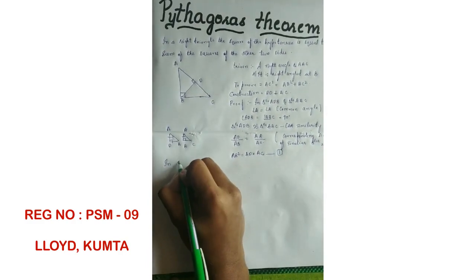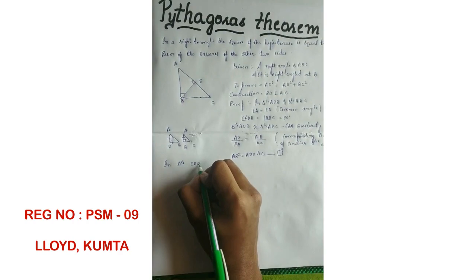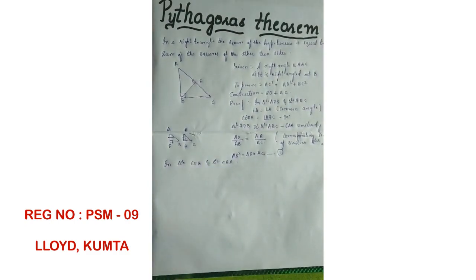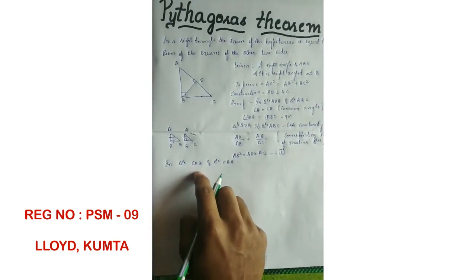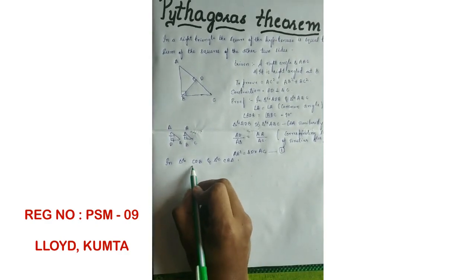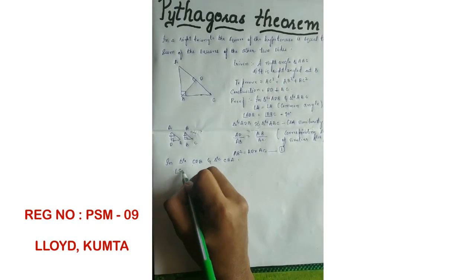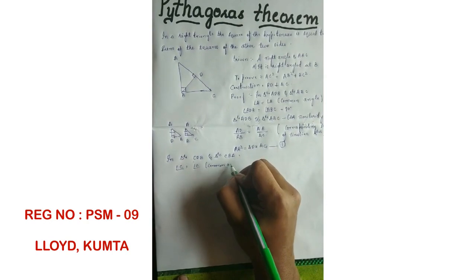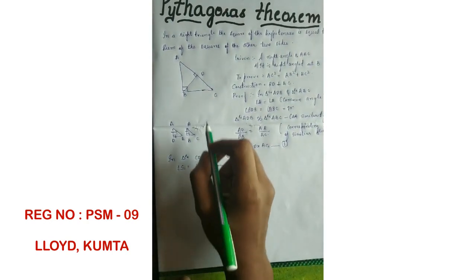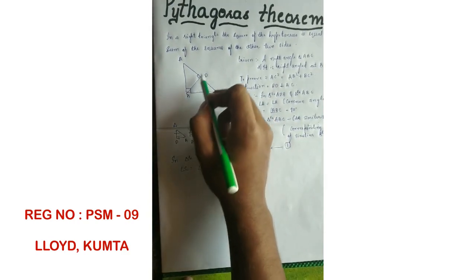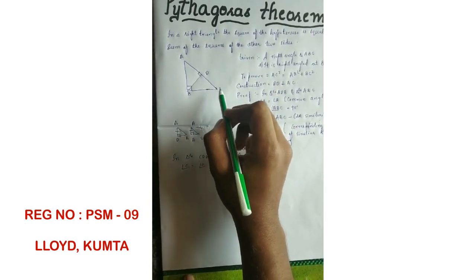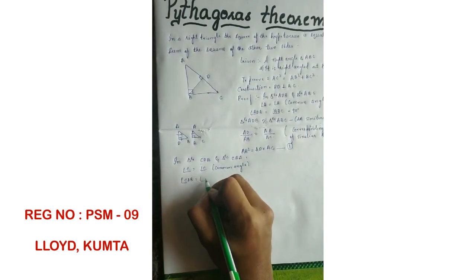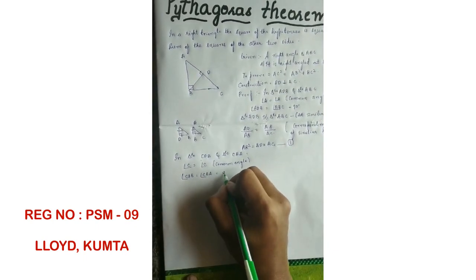In triangle CDB and triangle CBA, we can say that angle C and angle C is common, angle C is equal to angle C. Here we have angle CDB equal to angle CBA, that is 90 degree.